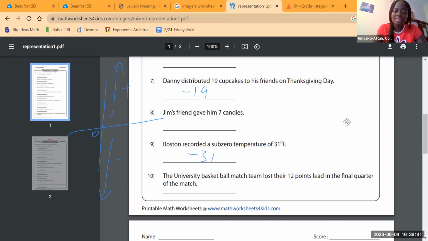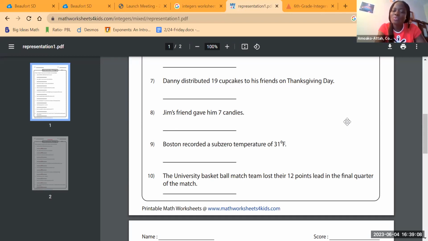Number 10: the university basketball match team lost their 12 points. So it means minus 12. Minus 12. So basically, these can also be used in a real life situation, as I earlier said. That is for integers.